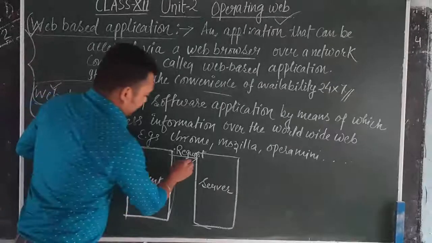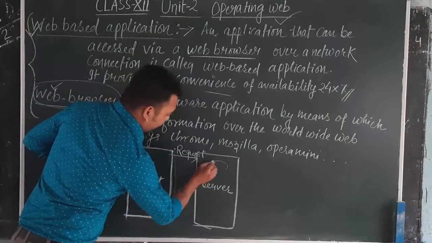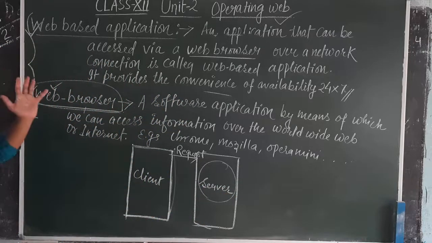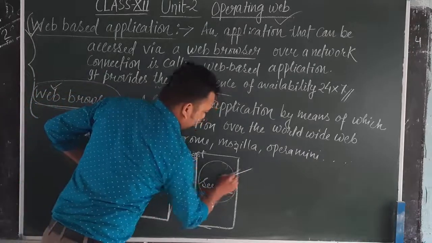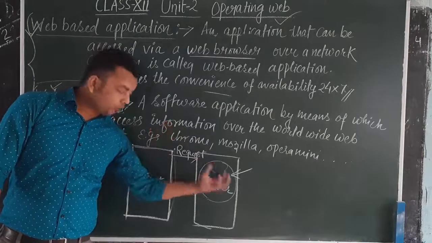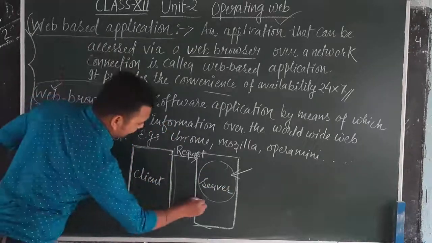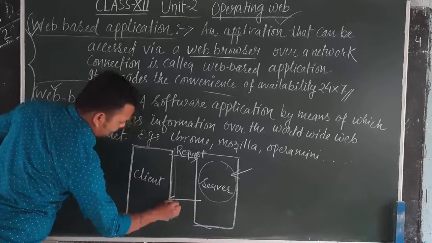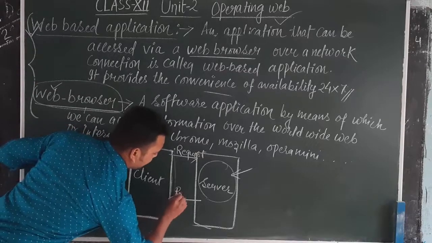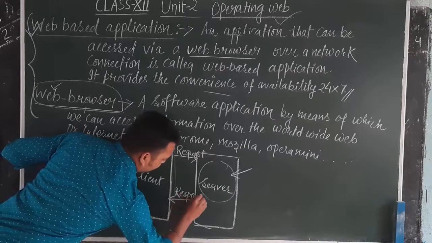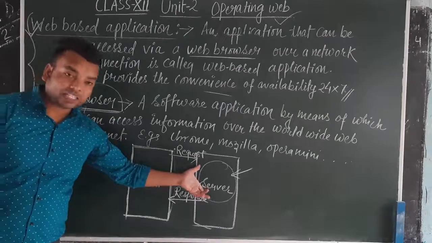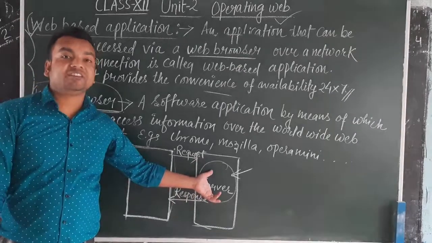After getting this request, the server will search for that particular information on the list of devices connected to this server. Once that information is retrieved, the server will redirect it to our device, which is the client, and this process is known as the response. So this is how a web browser works, and it is also known as the client-server architecture.